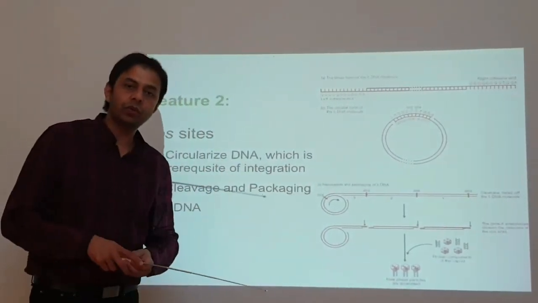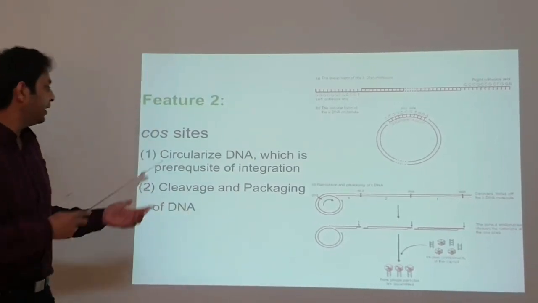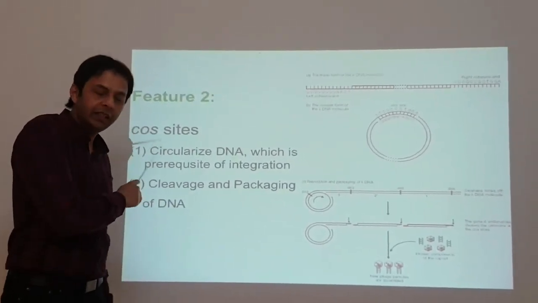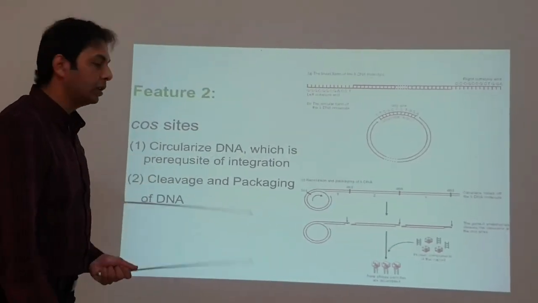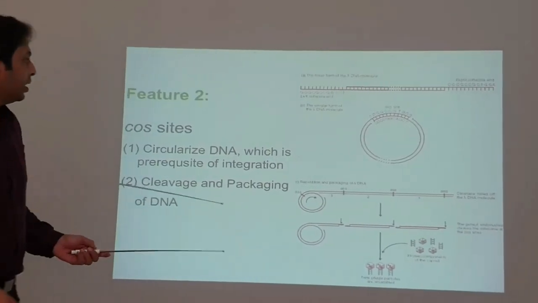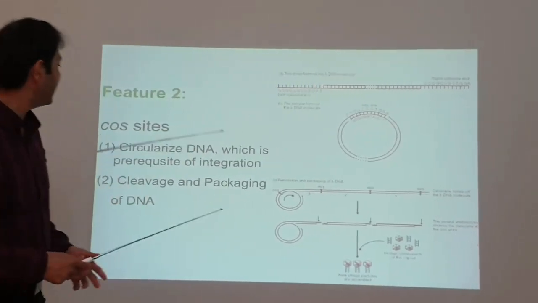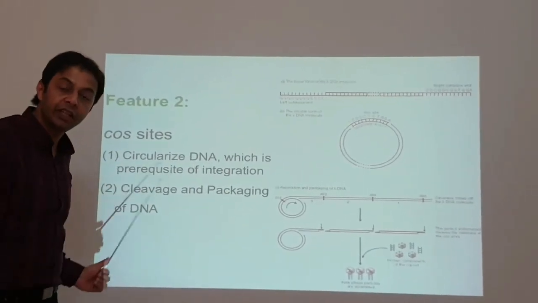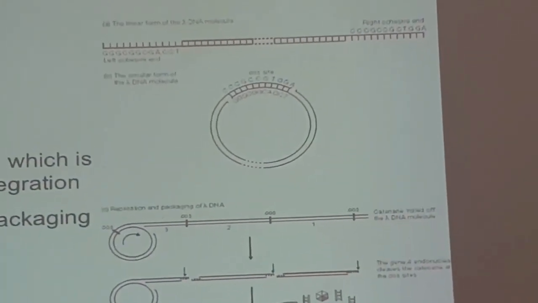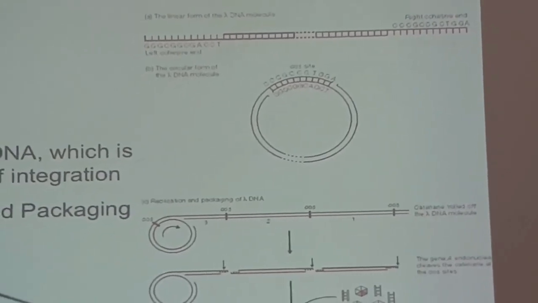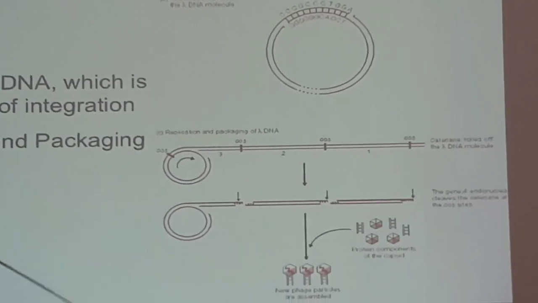What is the function of these cos sites? Their function is to circularize the DNA and help the DNA to replicate. The second important function of the cos site is that it is involved in cleavage and packaging. If these cos sites are not available on the DNA of viruses, that DNA cannot be packaged into the capsids.